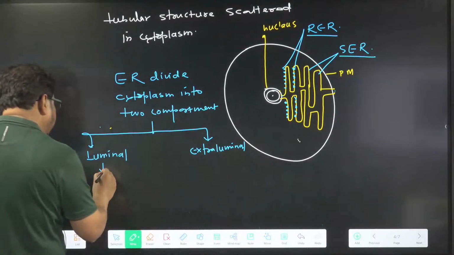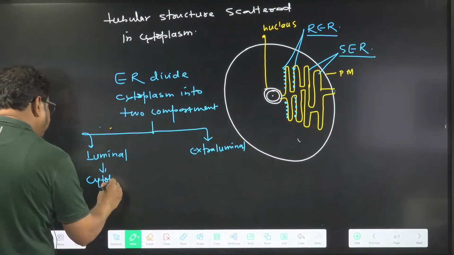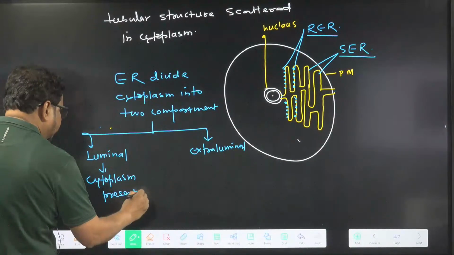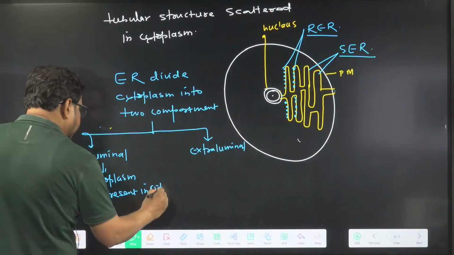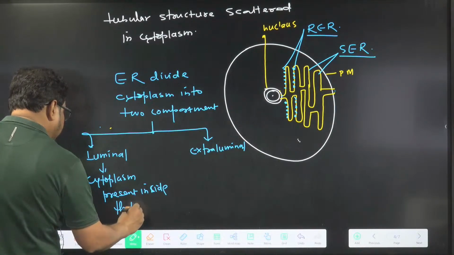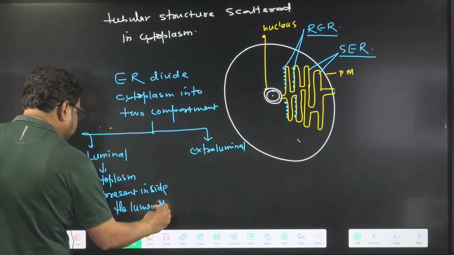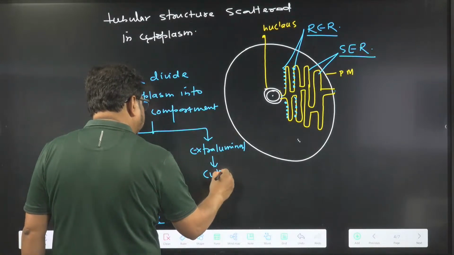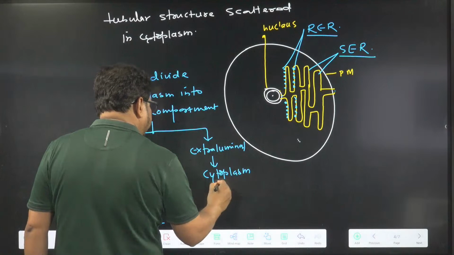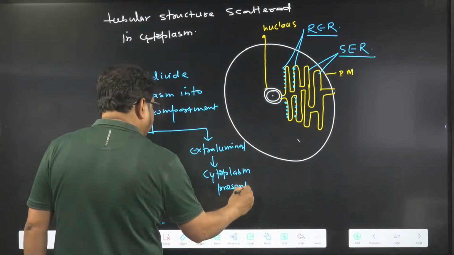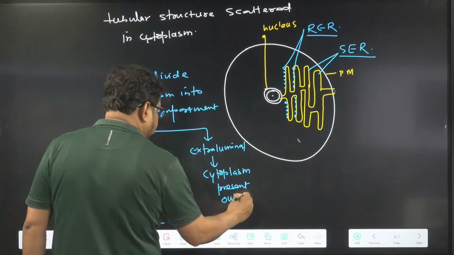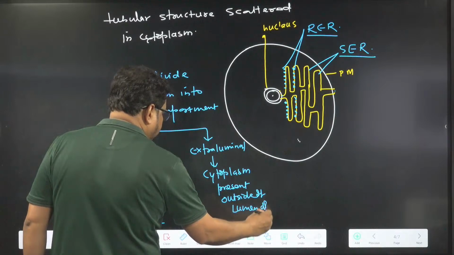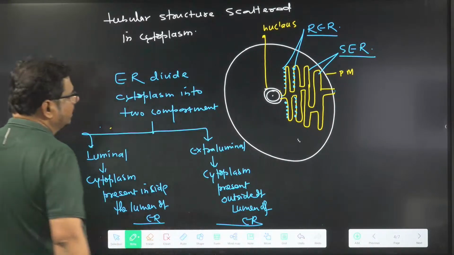So what is luminal? Cytoplasm present inside the lumen of ER is called luminal. And what is extraluminal? Cytoplasm present outside the lumen of ER is called extraluminal.